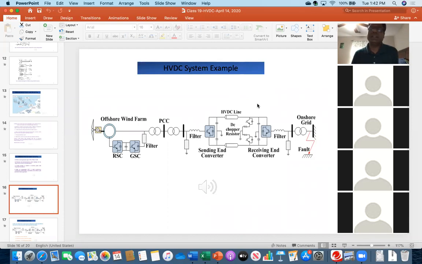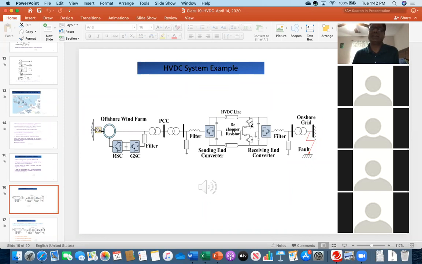Quickly you have to reduce that voltage to a steady state or balanced value. That's why you have to quickly consume those oscillating power, and that's why there is this resistance.